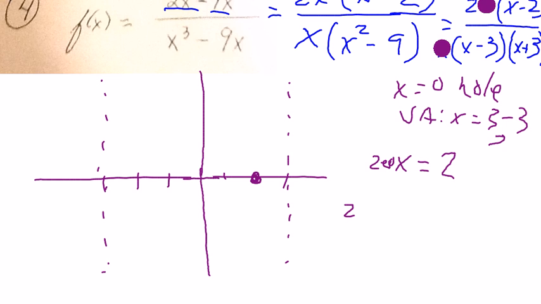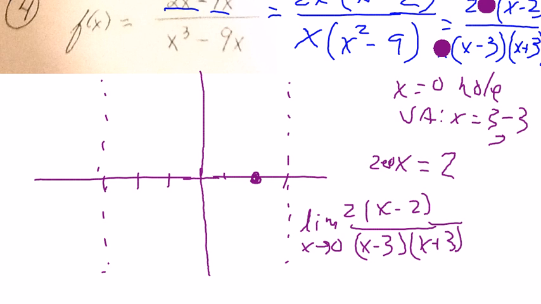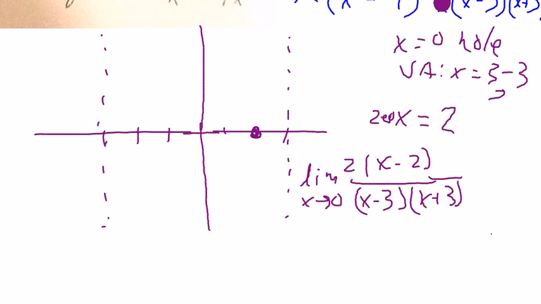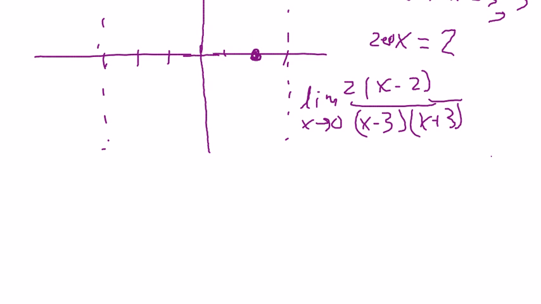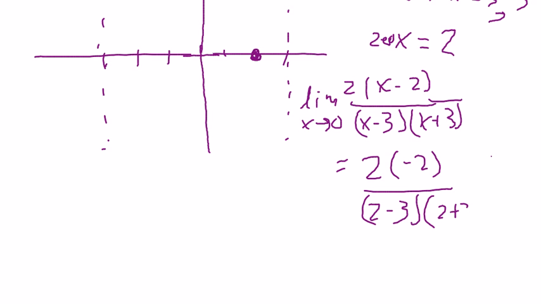To do that, I look at the limit of my function with the hole removed as x goes to 0. So now I can just directly substitute to get 2 times negative 2 over 2 minus 3 times 2 plus 3. Wait, what am I doing?